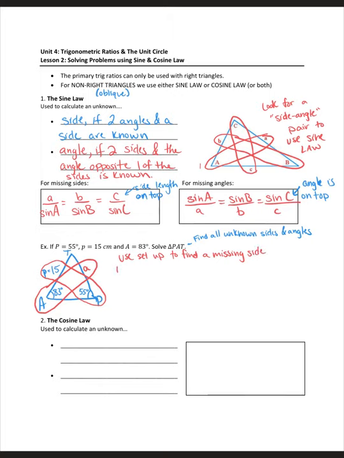So we're going to have a couple of things we have to solve for, but to start we're going to find side length A. So we're going to say A over the sine of A is equal to, in this case, P over the sine of P.